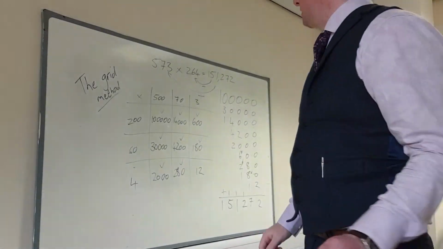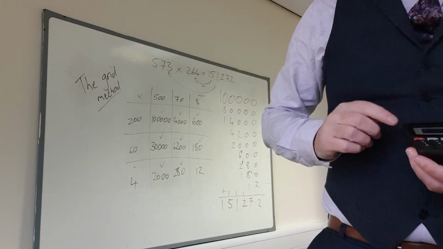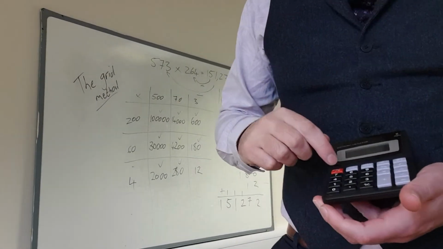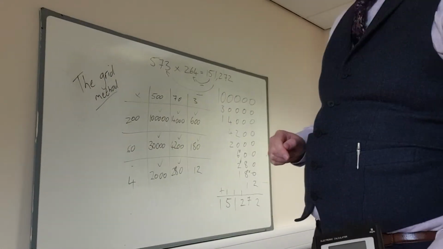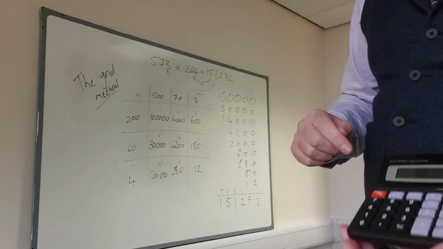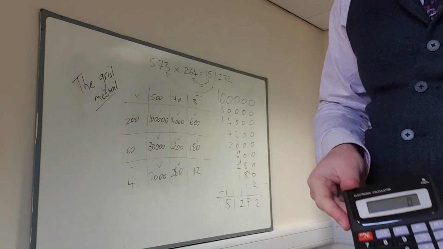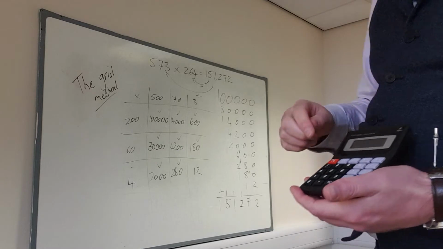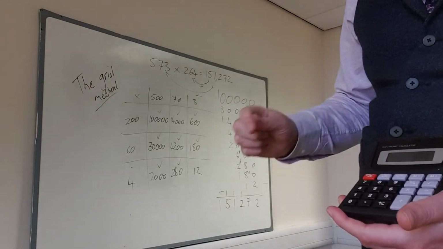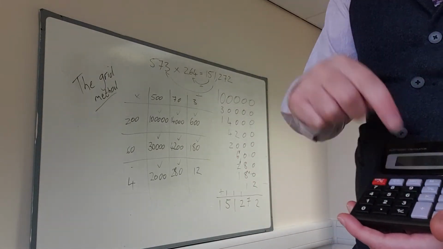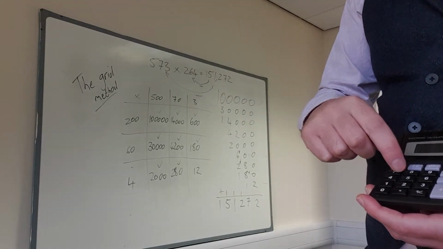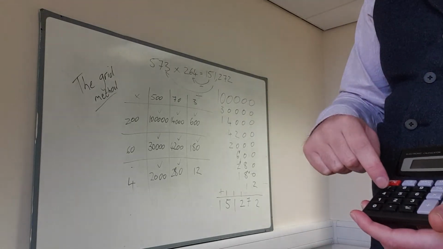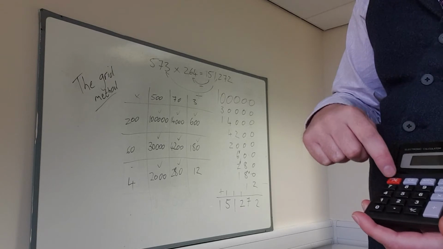For the purpose of the video, we'll look at 573, and we will turn the calculator on first, that's always helpful. 573, and we will multiply that by 206. We'll start again.